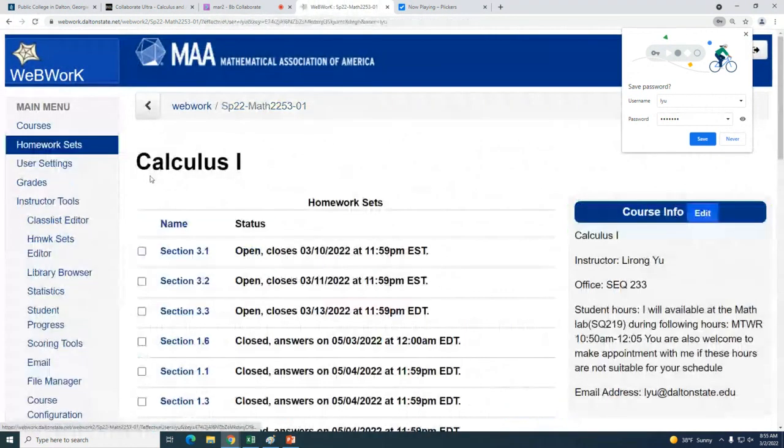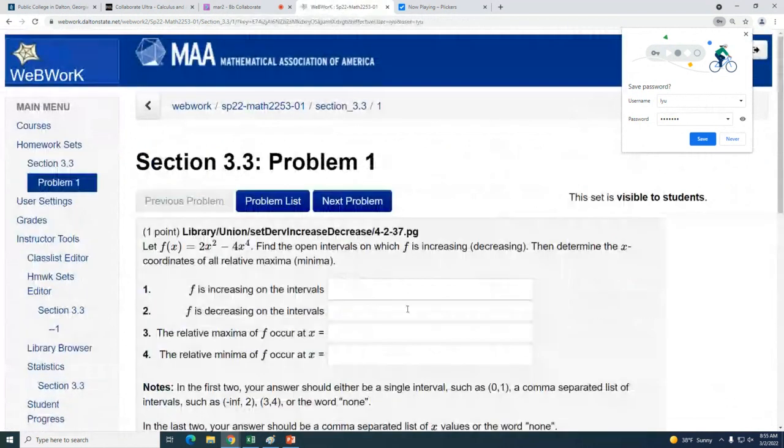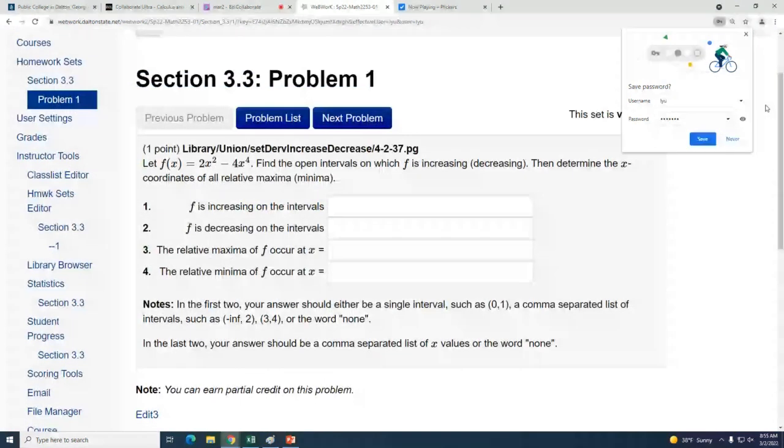So you can log into your section 3 to see your questions. There are 10 questions assigned. Start with the first question.